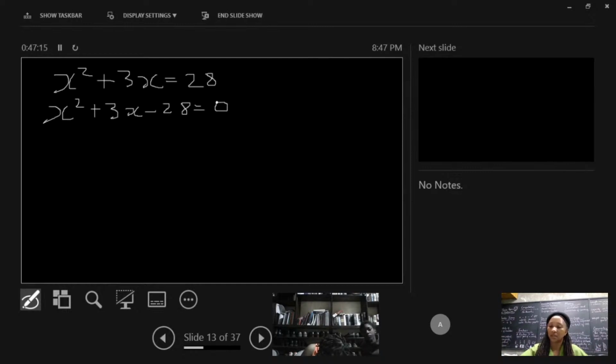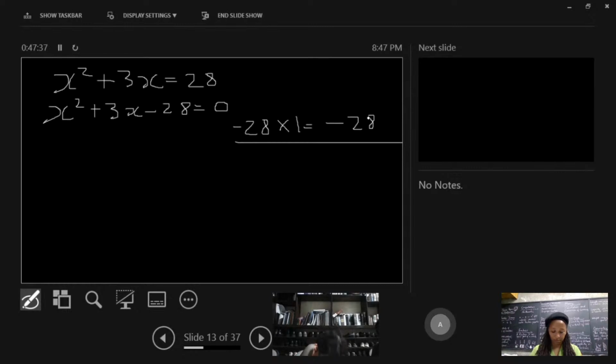Then we find the factors. Then we multiply negative 28 and 1. So negative 28 multiplied by 1, which is negative 28.